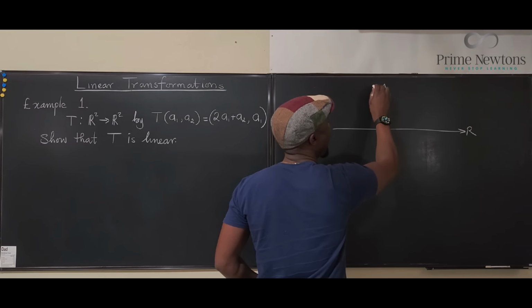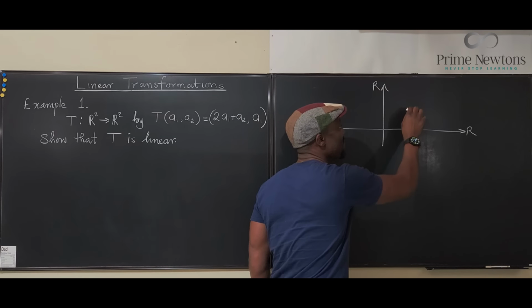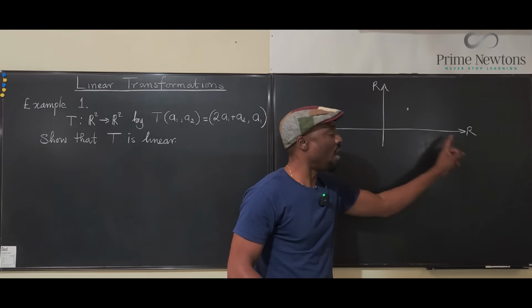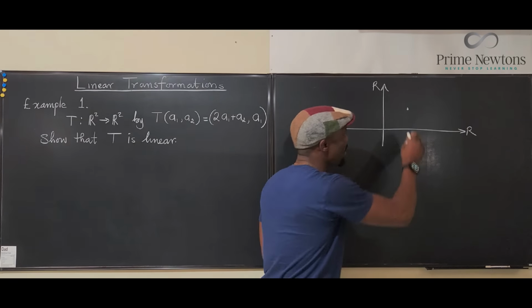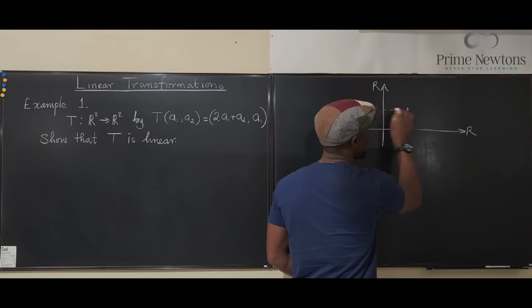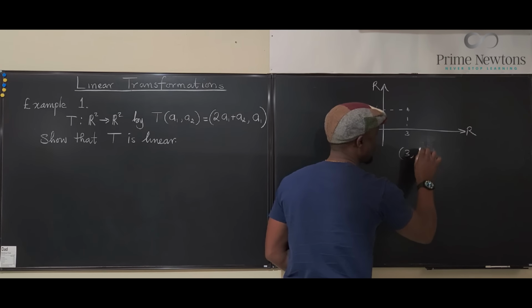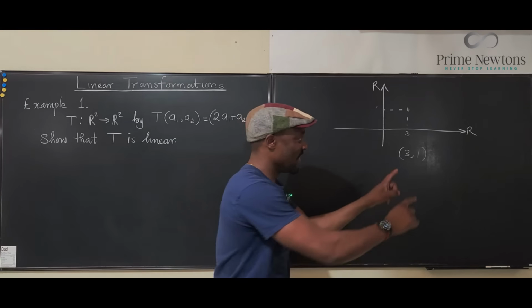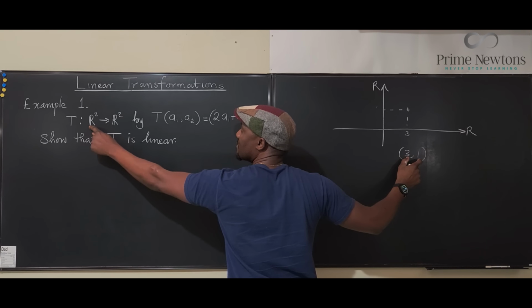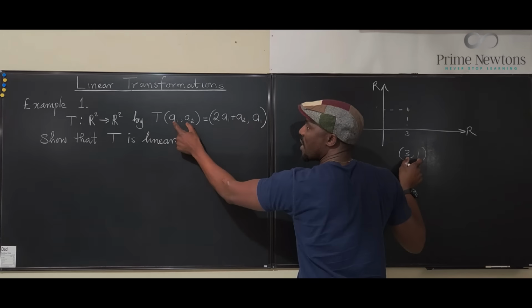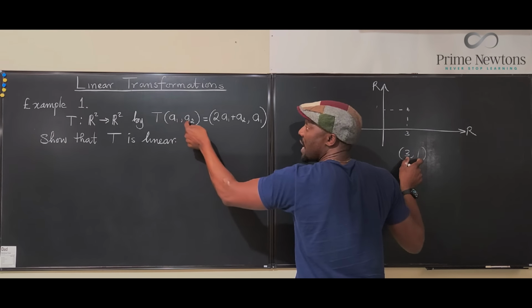We call it the y-axis, but that is another R. So when you pick a point here, this point is defined by two R's. This is R2. So if you pick this point, let's say this point is 1, this point is 3. You call this point the point 3, 1, right? Those two points are in R2, and that's how you write them, A1 and A2. We could have said X1, X2.